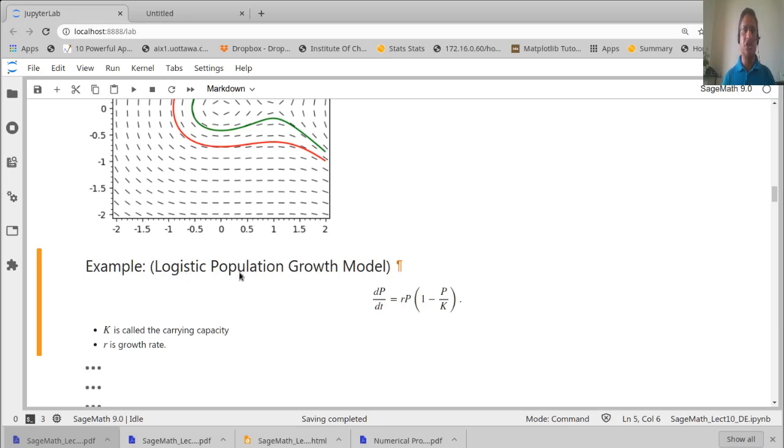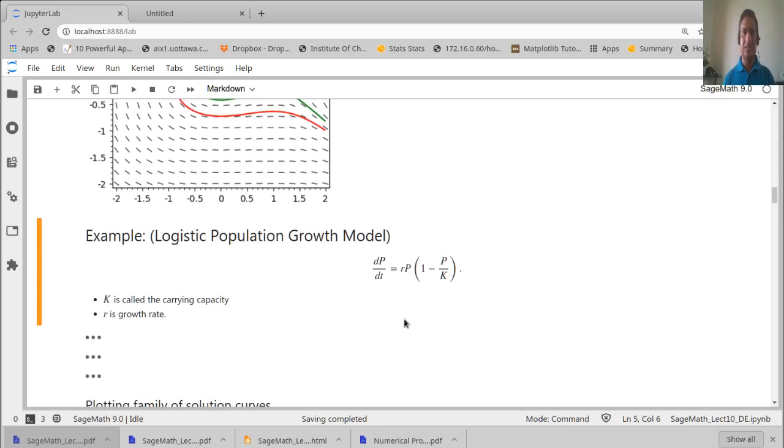This is called the logistic population growth model. The rate of change of population is proportional to p into 1 minus p upon k. That is what is called the logistic population growth model, and here k is called the carrying capacity and r is called the growth rate. Okay, so let us try to solve this and see how the population grows for various values.